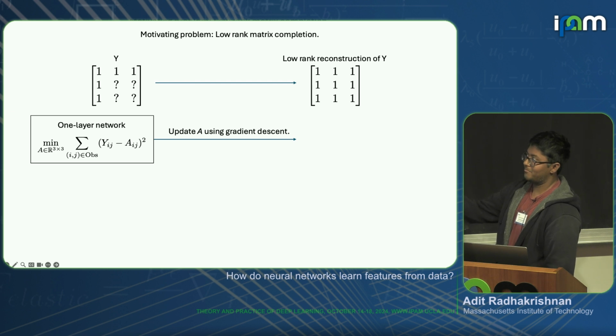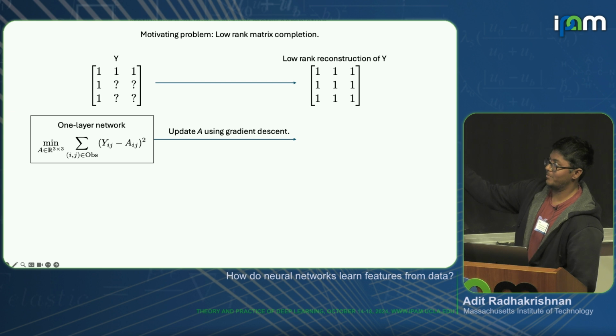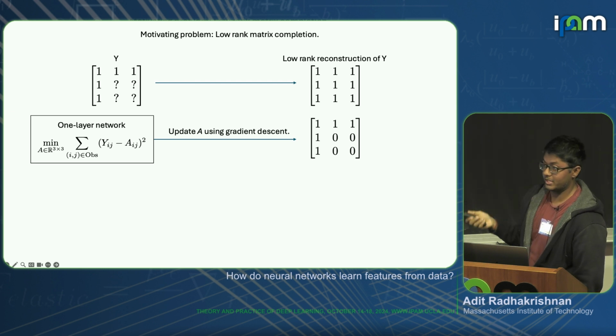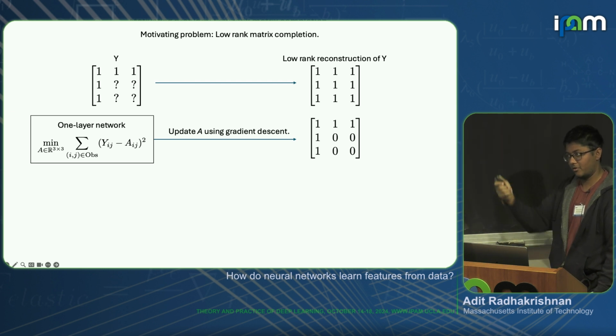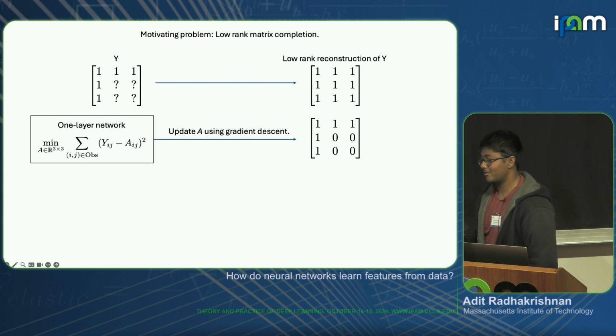If I start with A at 0, the entries of A for the missing components, corresponding to the question marks, never get updated. And so my reconstruction just looks like this. I perfectly fit all my ones, and I put zeros everywhere else. And so this is useless. I don't want to just put zeros everywhere.